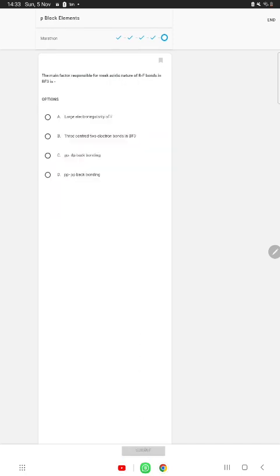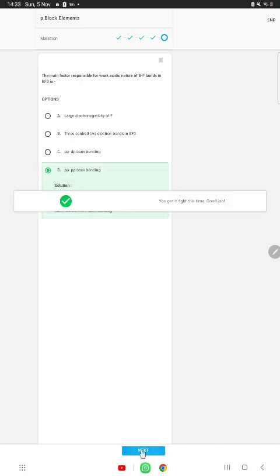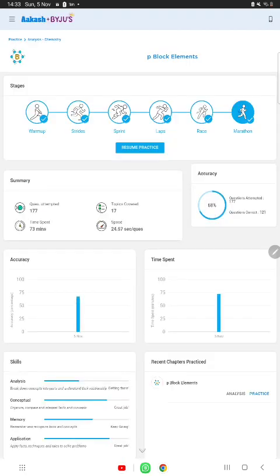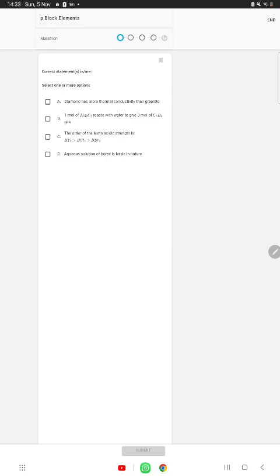The main factor responsible of weak acidic PP back bonding. %, तक ले आया मैं. Select one more option. Diamond is more thermal conductivity than graphite. The order of the Lewis acid strength.